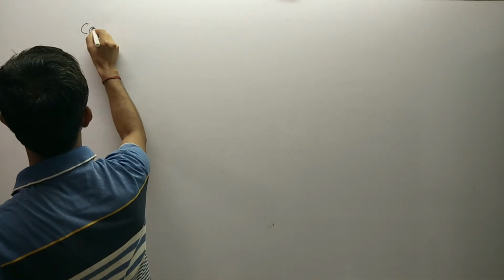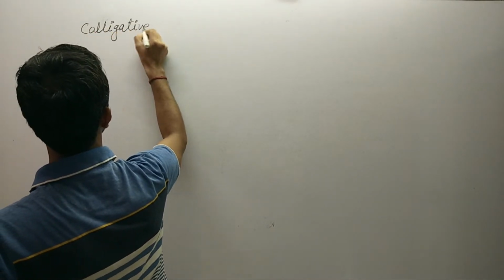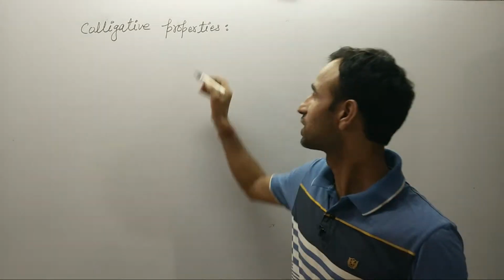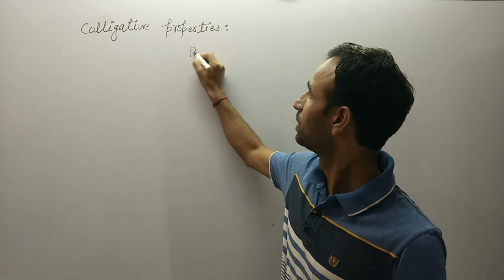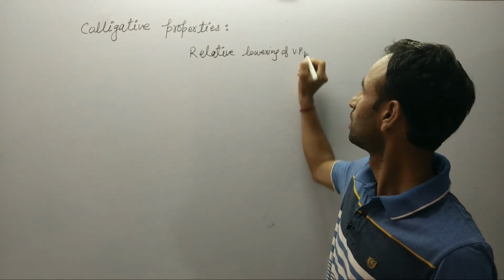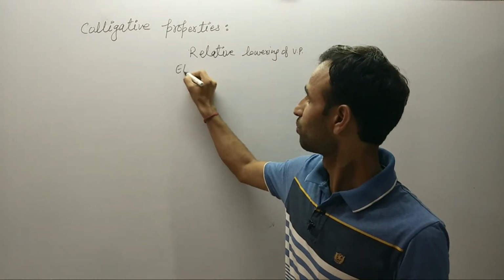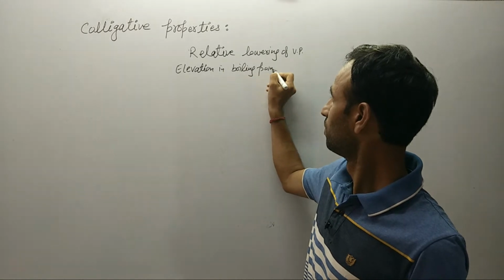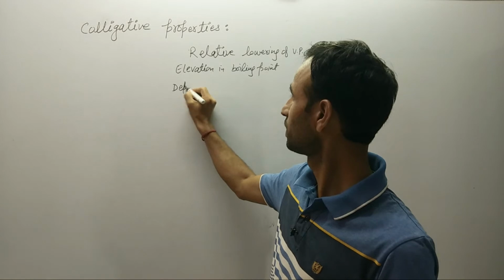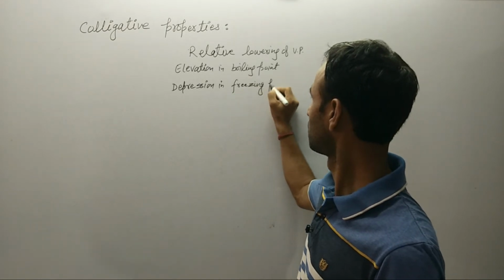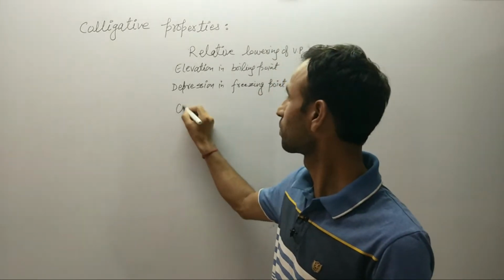Now, next is colligative properties. So in solution chapter we have done what are the colligative properties, that is relative lowering of vapor pressure, elevation in boiling point, depression in freezing point, or osmotic pressure.